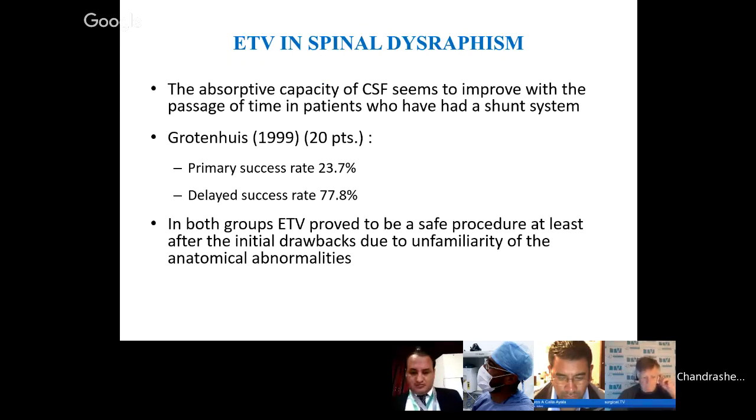One of the main reasons why this probably happens is that the absorptive capacity of CSF is poor, and therefore in patients where the primary success rate is only about 23%, as the age advances and if you do it for a shunt block, the delayed success rate can increase to almost 77%, as shown by Grottenhuis and others.